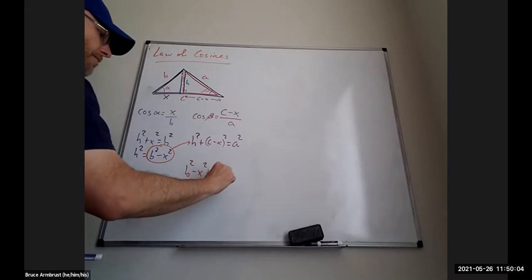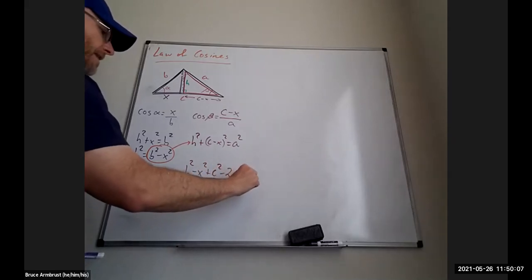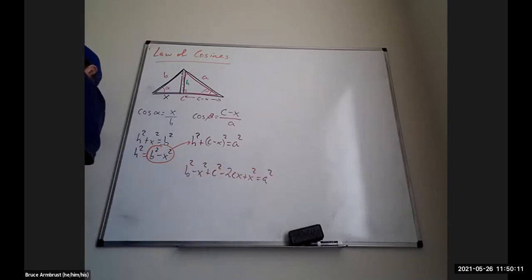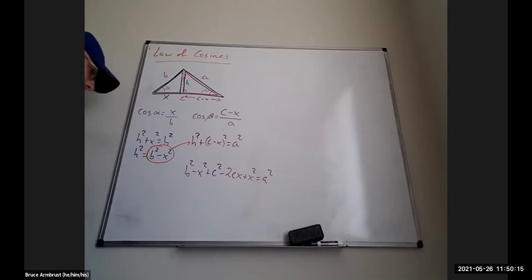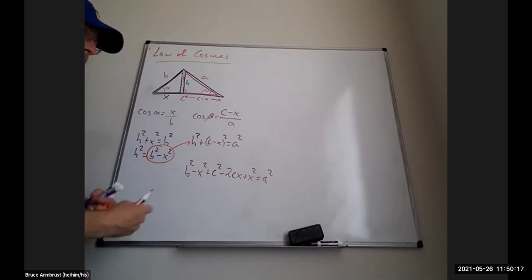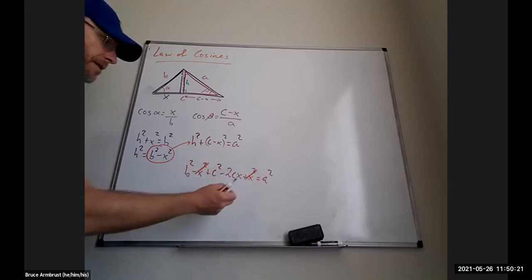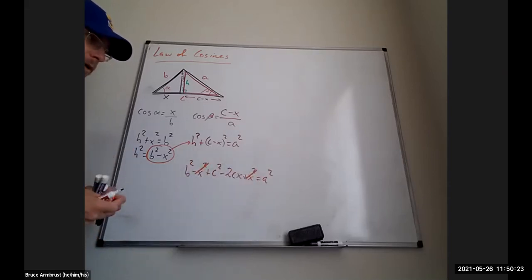So I get c squared minus 2cx plus x squared. So some good news, the x's here, this x squared and this x squared, go away.